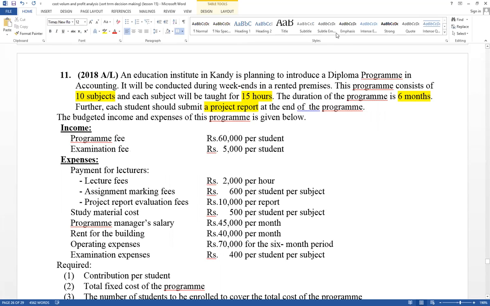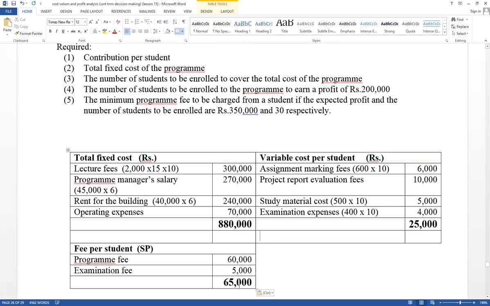You know how to calculate it: contribution per unit equals selling price minus variable cost. Now write the equation. We know the selling price, we know the variable cost, and the total fixed cost is already calculated.